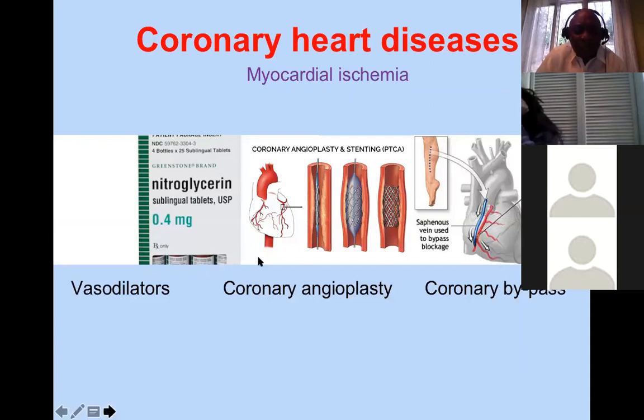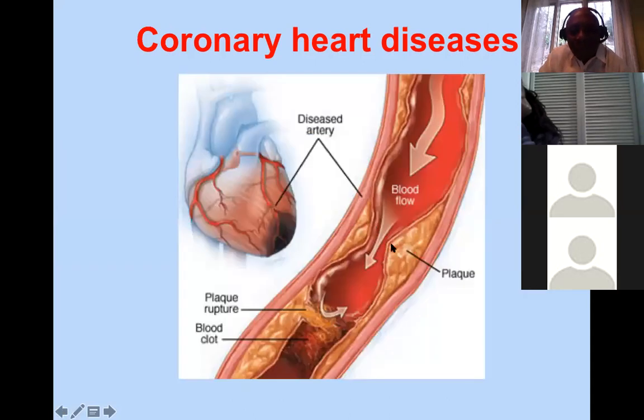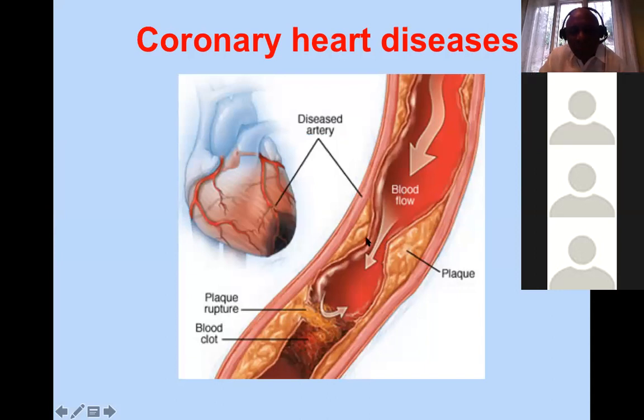But then myocardial ischemia is like the first warning. Myocardial ischemia is a warning about something that's coming ahead. So if you don't correct this problem, these plaques will continue building up until there is a complete closure, so there's zero blood flow.